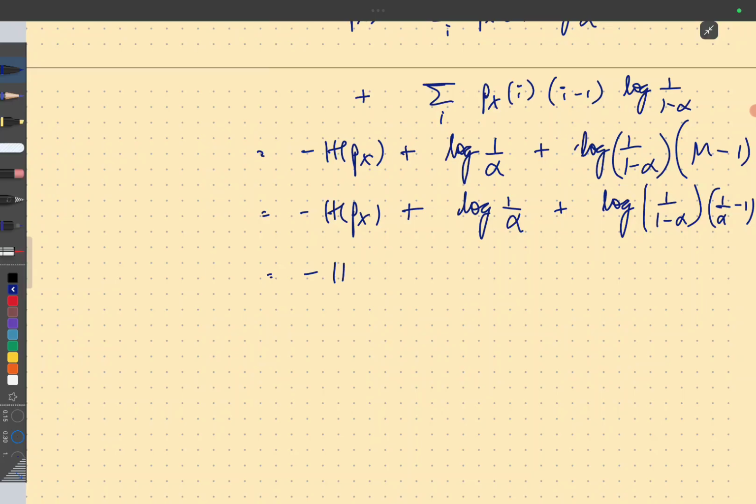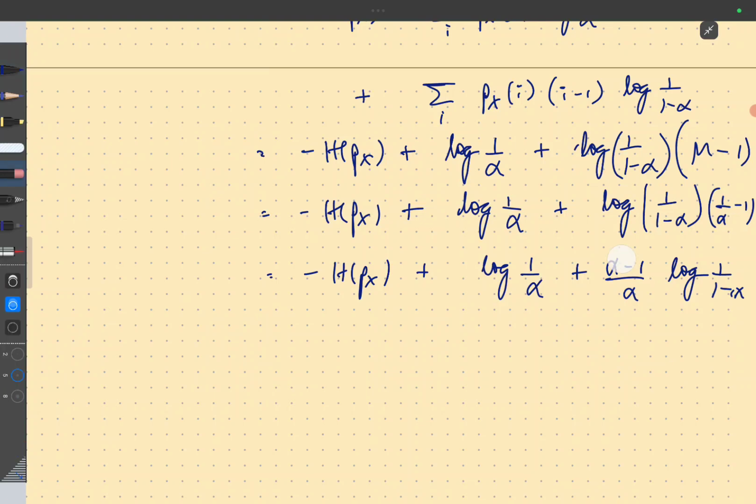This is equal to minus h of Px plus log 1 by alpha plus alpha minus 1 by alpha log 1 by 1 minus alpha. I'm sorry, 1 minus alpha by alpha.